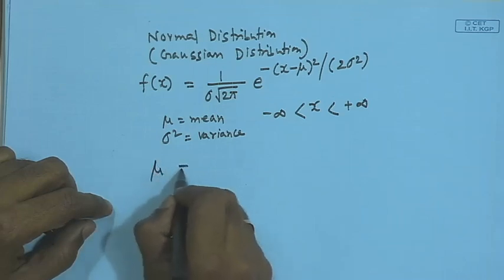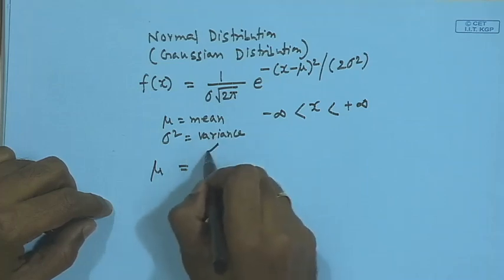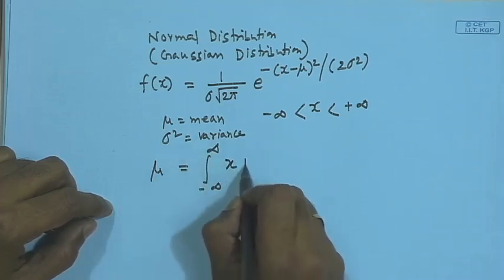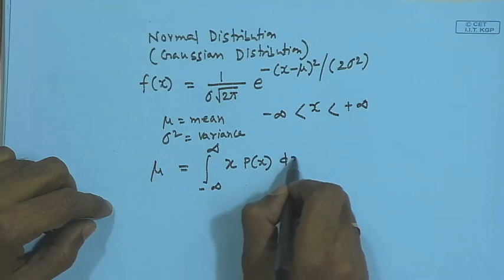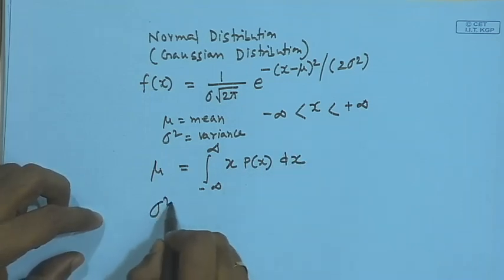So, mu can be obtained as follows, and the variance as well.